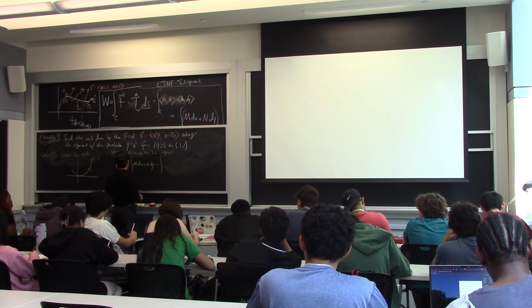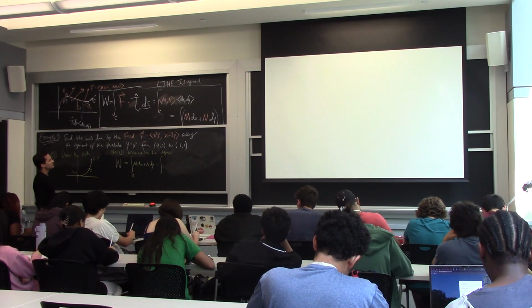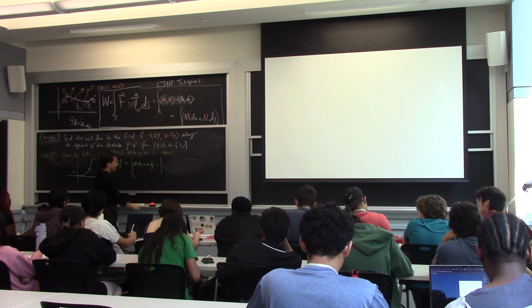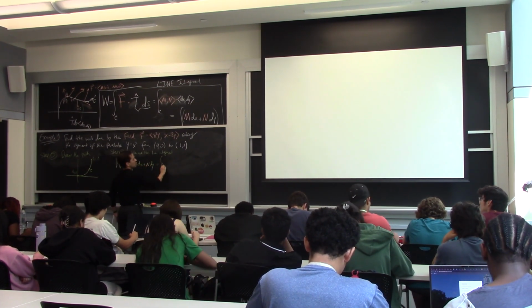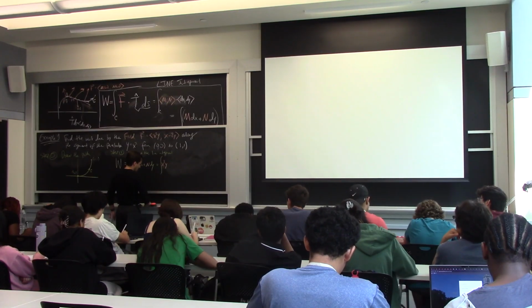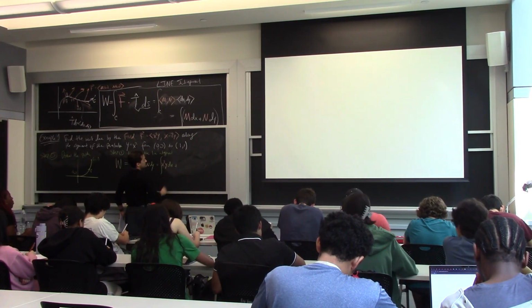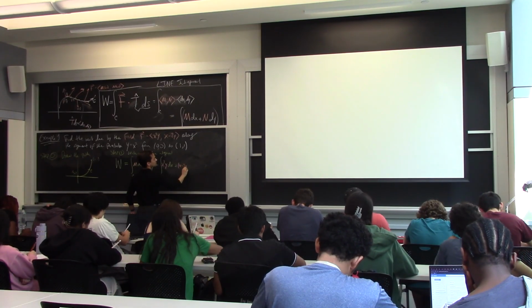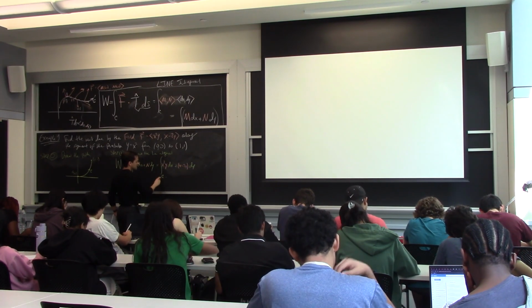Okay, what does this look like more concretely? What goes in here? x squared y, x squared y dx plus x minus 2y dy. And this C means what?